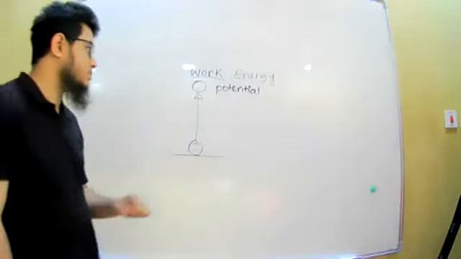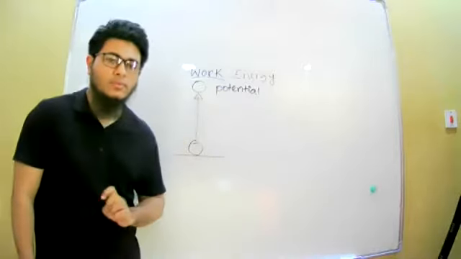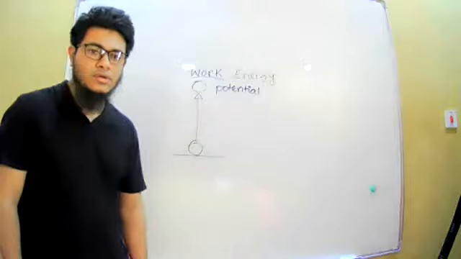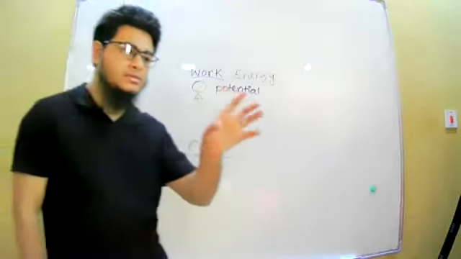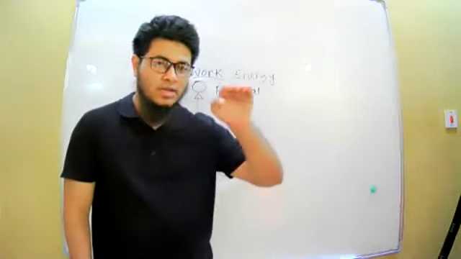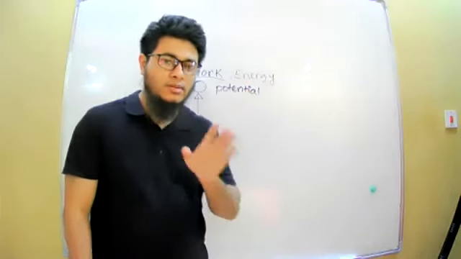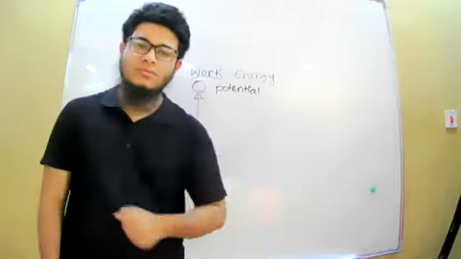Right, energy transformation. So as the body will fall down, what will happen? The potential energy will start converting to kinetic energy. As potential energy is being converted, the amount of potential energy will be decreasing, and what will happen? The amount of kinetic energy will be increasing.